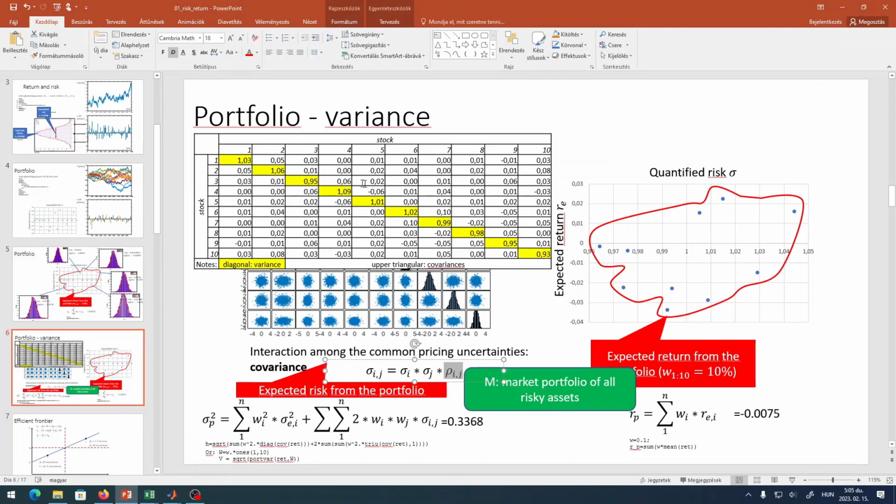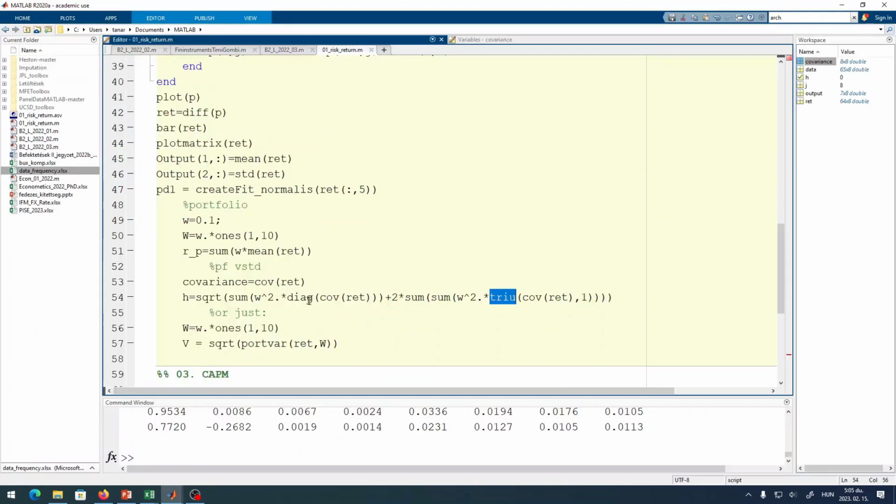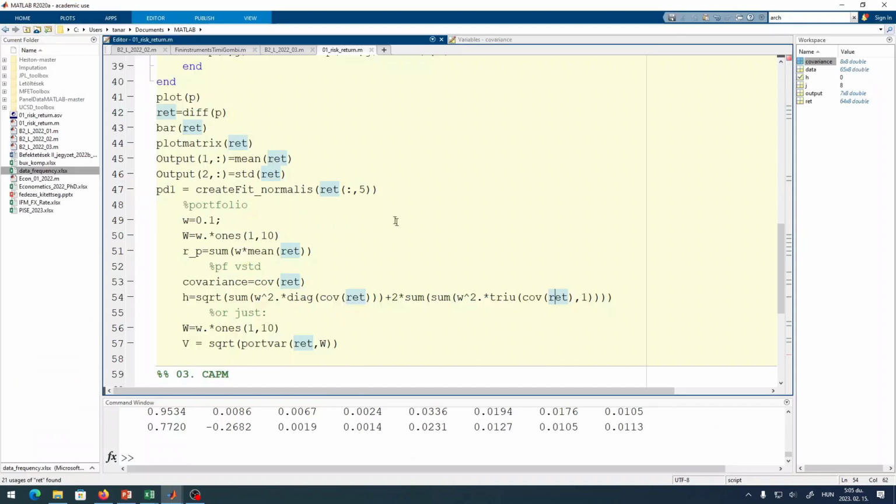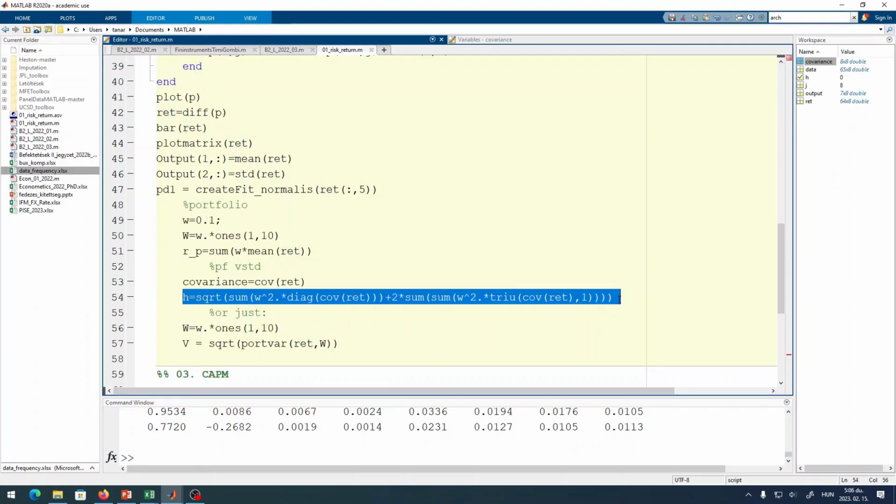So we are just taking the upper part of the matrix, everything above the diagonal full of the variances. So this is the diagonal. It's the upper triangular, so that's why the U is here in the string. And we're just running it.